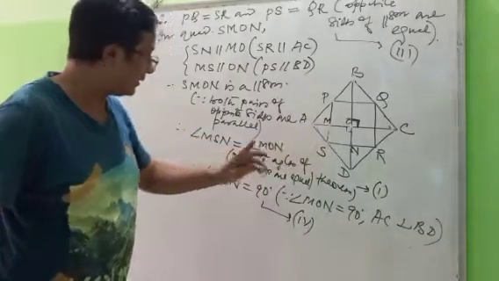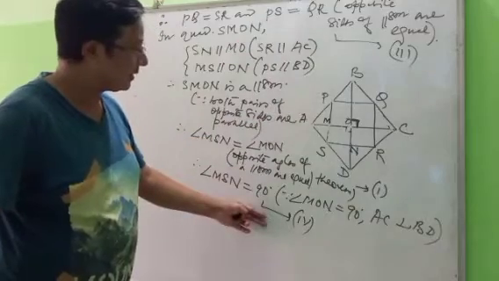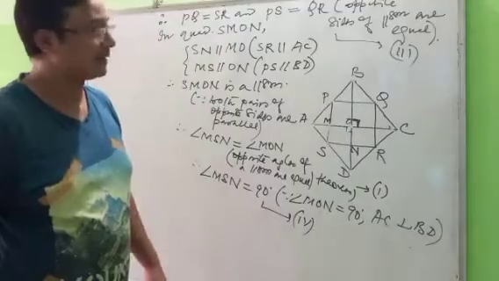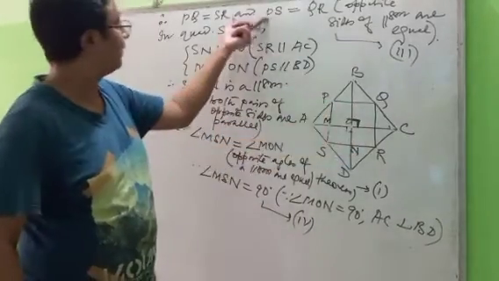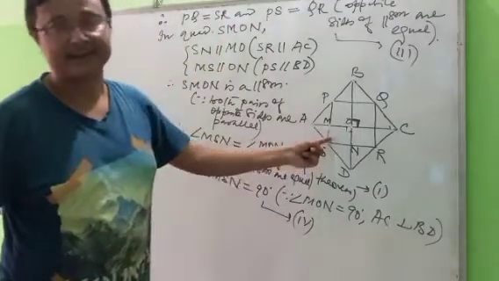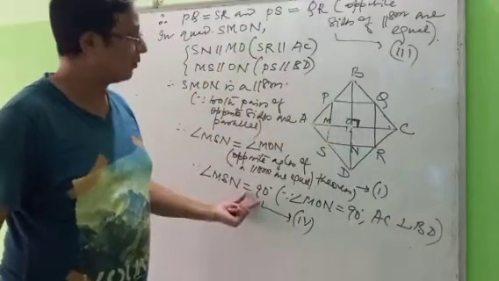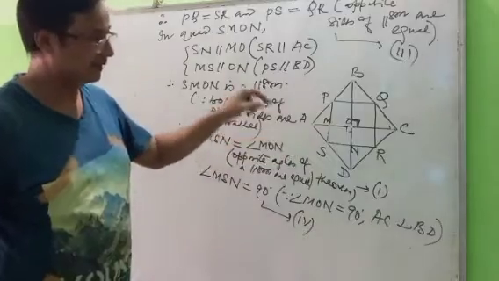So that is why you can now say that from 3 and 4, the quadrilateral PQRS is a rectangle. Why? Because the opposite pair of sides are equal, and you got one of the angles 90 degrees. That is why from these two combined, you have got that the given figure PQRS is a rectangle.